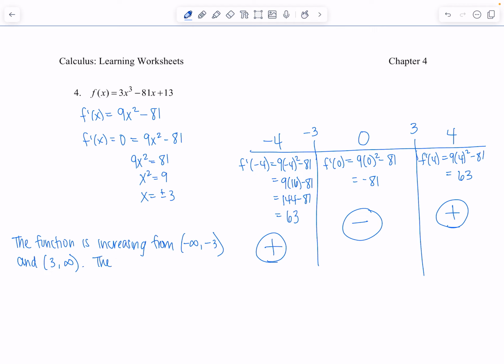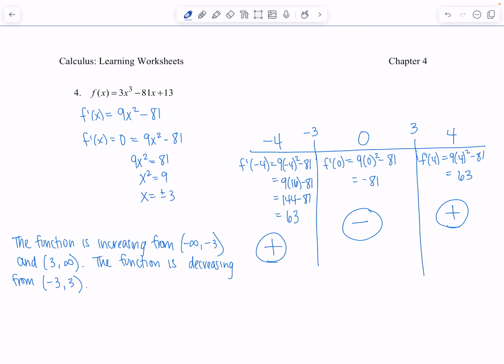Then the function is decreasing from negative 3 to positive 3. That's where our negative zone is.